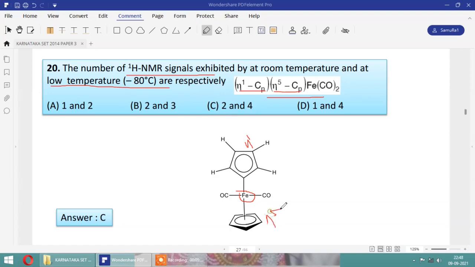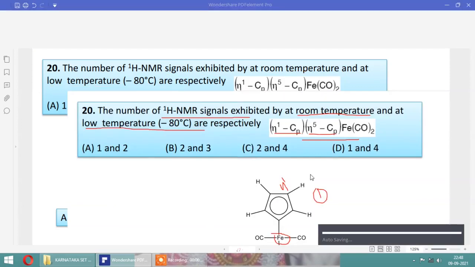Now you listen. At room temperature, all the protons in this ring and all the protons in this ring are in the same environment. So you will get one signal for the protons of this ring, and a second signal for the protons of the other ring. So at room temperature you will get two signals.